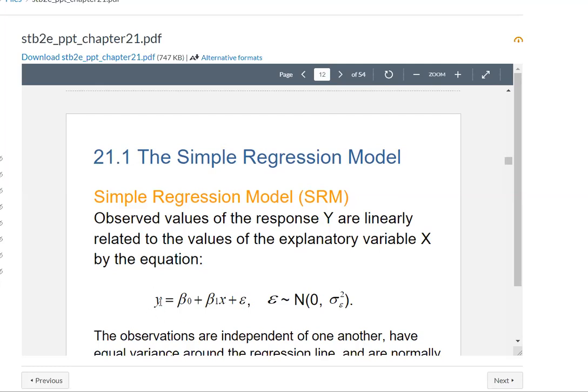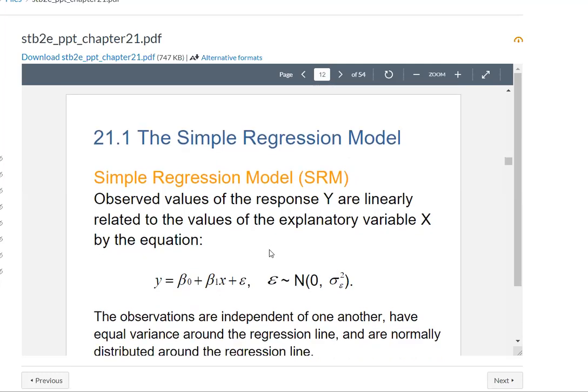We don't have an estimation on this side anymore; we have equality. And this is how we explain that epsilon, or the residuals, follow a normal probability distribution with an average or expected value of 0 and variance of sigma squared.